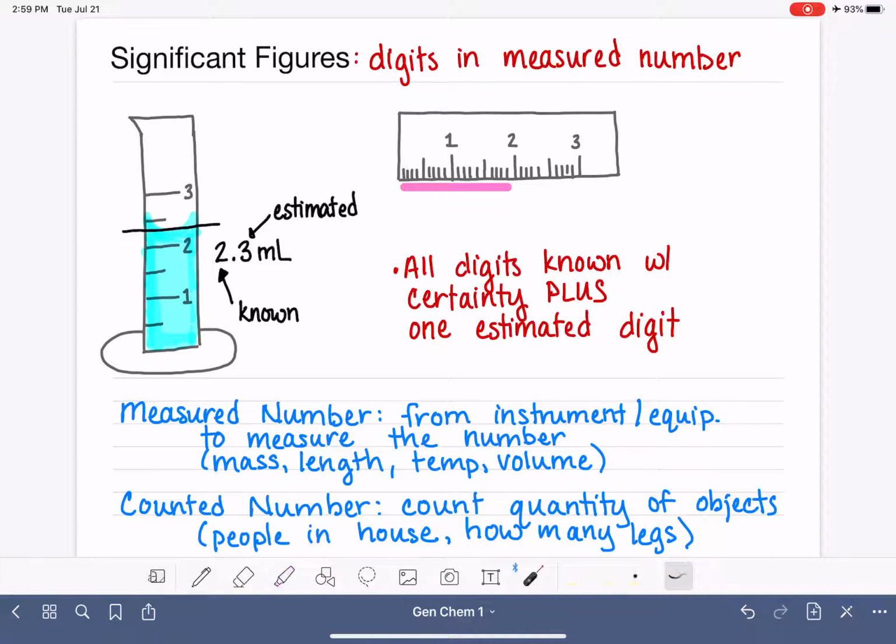So looking at our ruler, again, we can say with certainty that it is at least 1 centimeter. This is probably centimeters. So we know for sure that it's at least 1. It's not 2. And we know from our increments, this is 1.5, 1.6, 1.7, 1.8, 1.9. So it is more than 1.9.